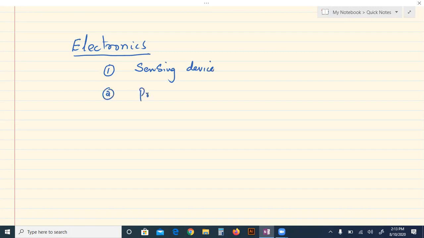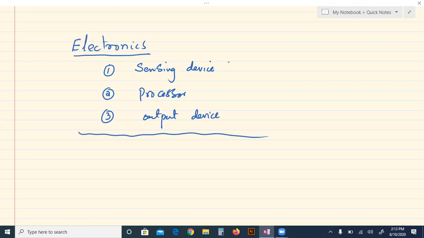Number two is the processor. And number three is the output device. So: sensing device, processor, output device. These are very, very important for electronics.